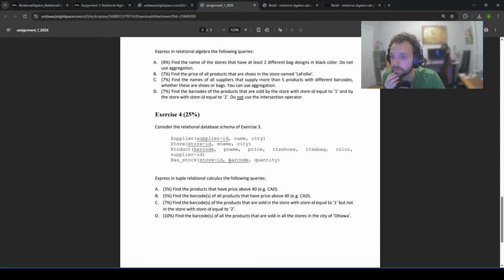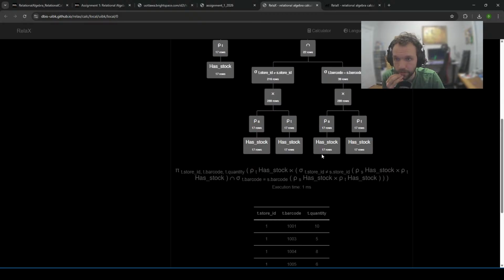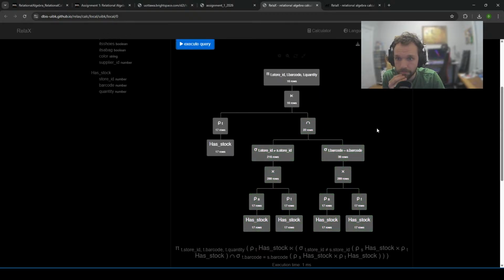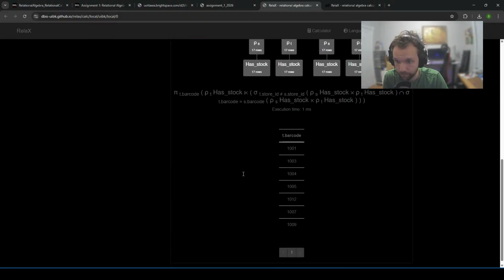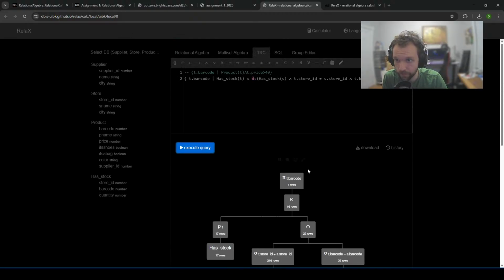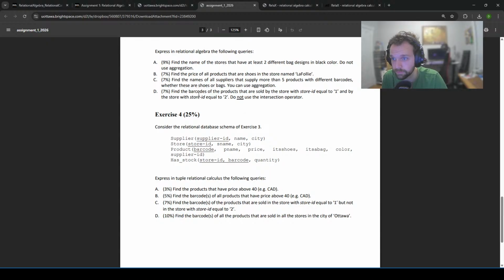You're looking for barcodes, one but not in the store with store ID equal to 2. So these are all the ones that are sold in store ID 1 and not sold in 2.